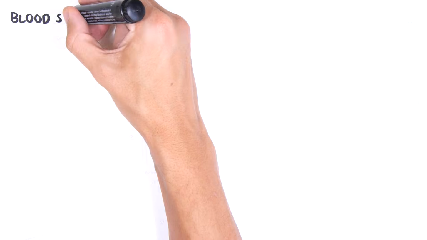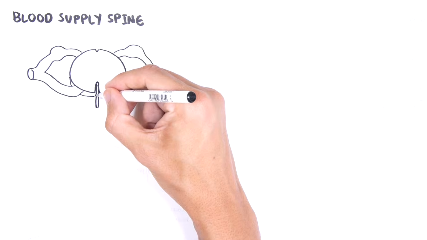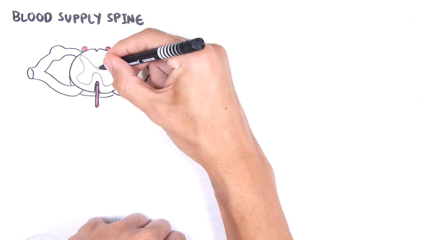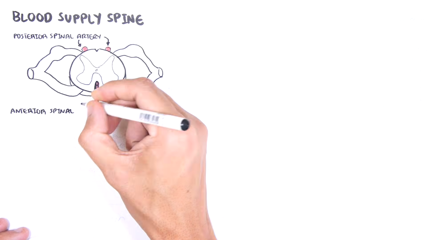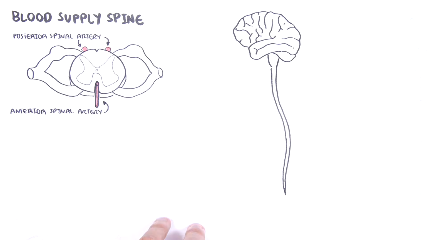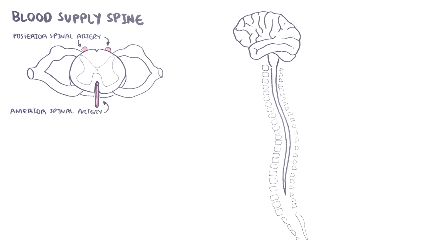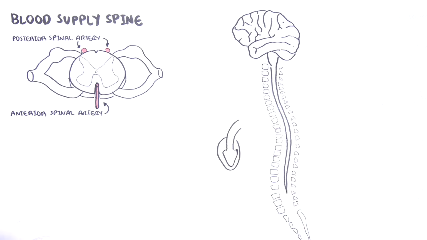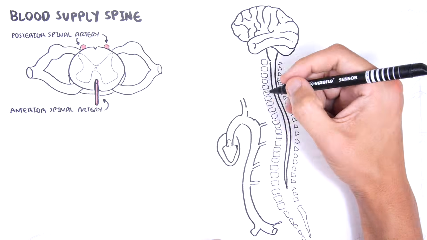Let's talk about the blood supply to the spinal cord, which we already briefly mentioned. The spinal cord receives two main blood supplies, the two posterior spinal arteries and the anterior spinal artery. These arteries run along the spinal cord. The posterior and anterior spinal arteries are branches of different arteries depending on the segment of the spinal cord.